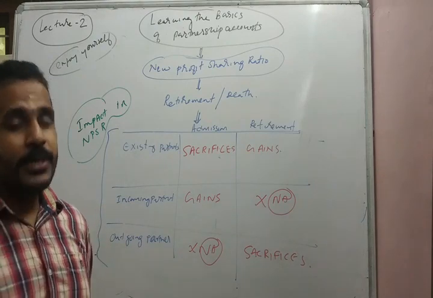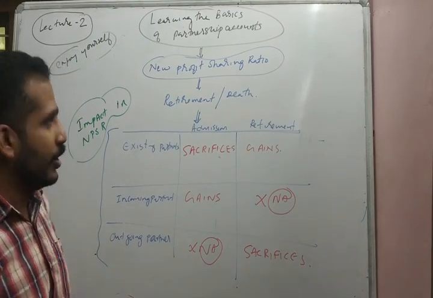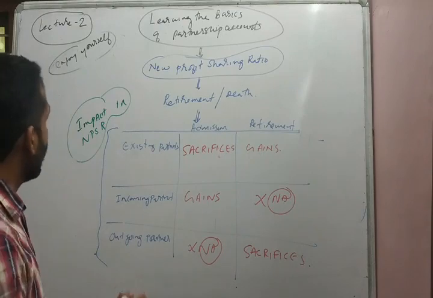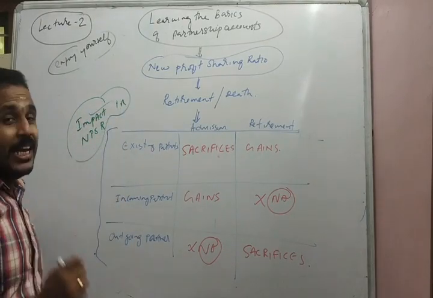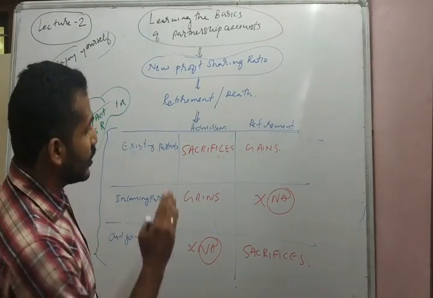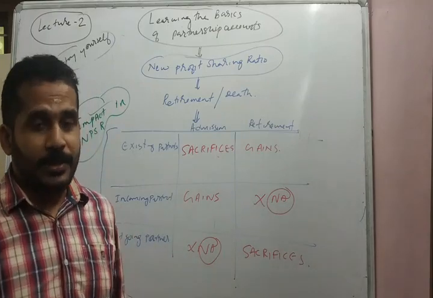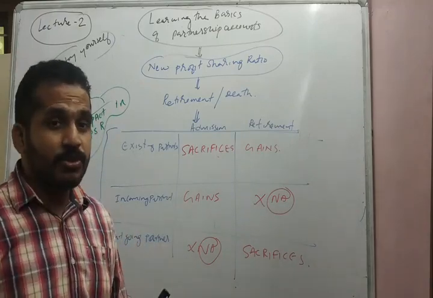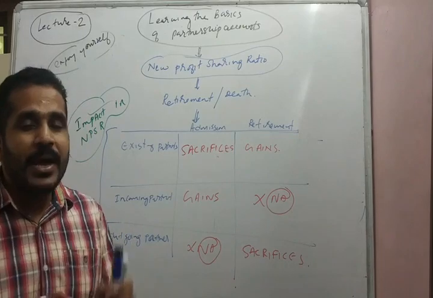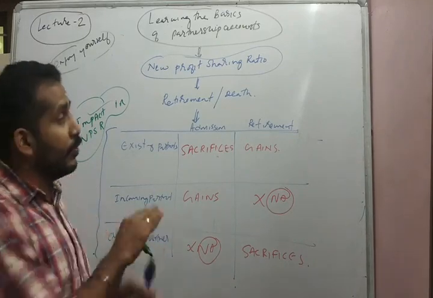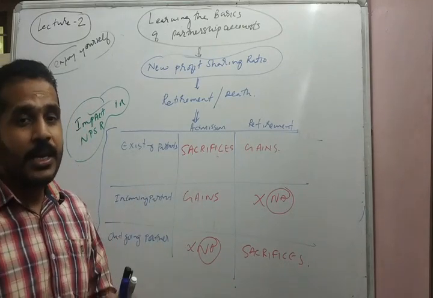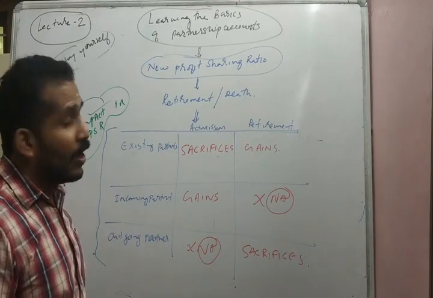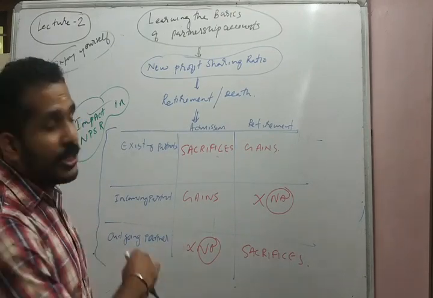Before moving to our discussion, I would like your attention on the impact on new profit sharing ratio in the case of admission and retirement. So before the analysis of illustrations, let's compare admission and retirement. We already discussed the admission part.